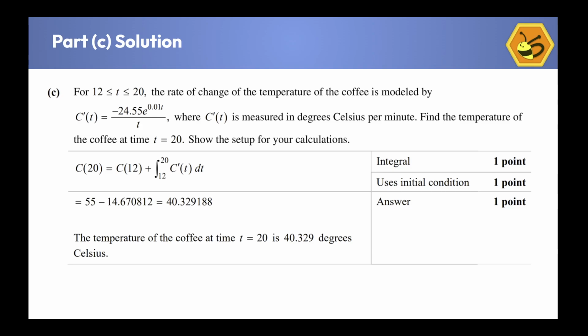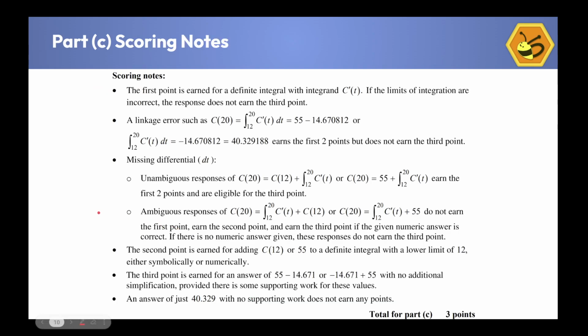Here is the solution I posted in the chat. And just in case you have confusion about how scoring works, here are some scoring notes. First point is earned for a definite integral with integrand C prime of t. A linkage error, such as this: here you forgot to put C(12) plus, or you just suddenly jump to an answer without writing steps clearly, you lose a point for that.